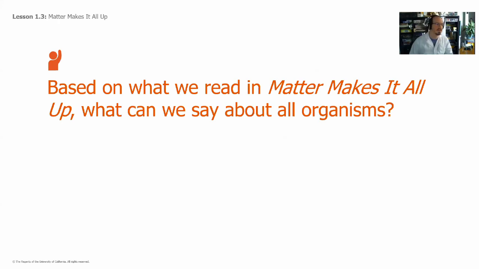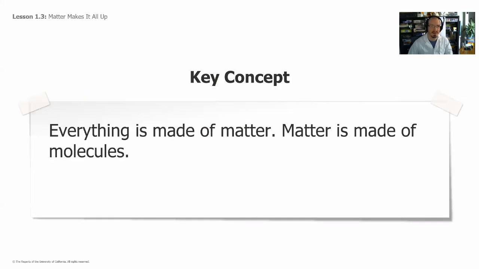Based on what we read in Matter Makes It All Up, what can we say about all organisms? What we should have gotten there is that all organisms are made of matter, and all matter is made up of molecules.